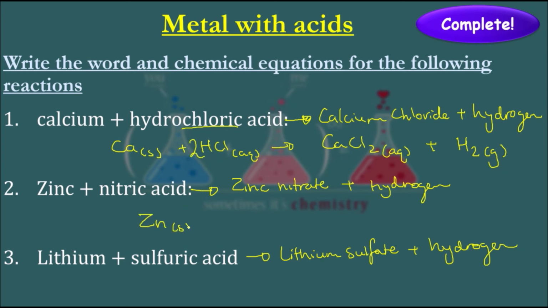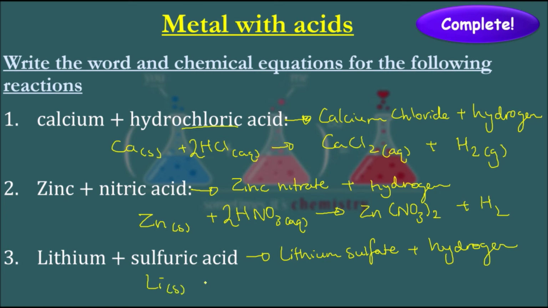We have zinc, which is a solid, and nitric acid, HNO3 aqueous. That leads us to have zinc nitrate. Now zinc has a charge of 2, so it's Zn(NO3)2 here, plus H2 here. If I have 2 nitrates here and 2 hydrogens here, I need to put a 2 in front of the HNO3.